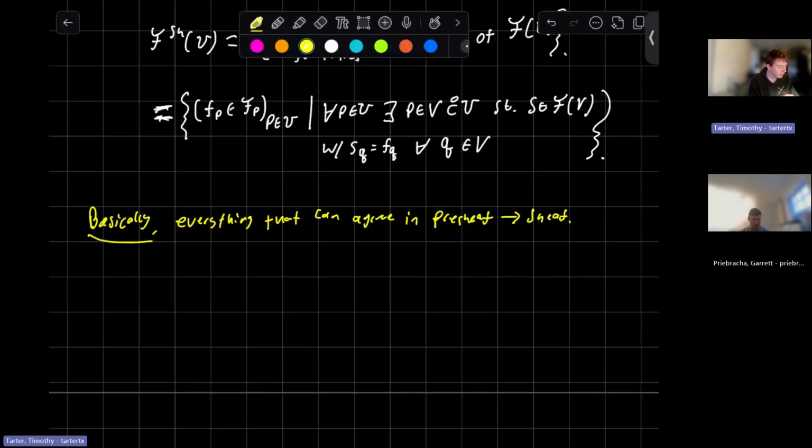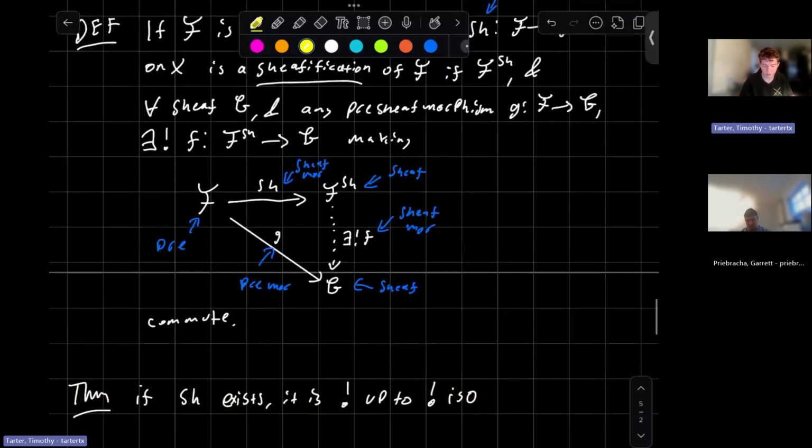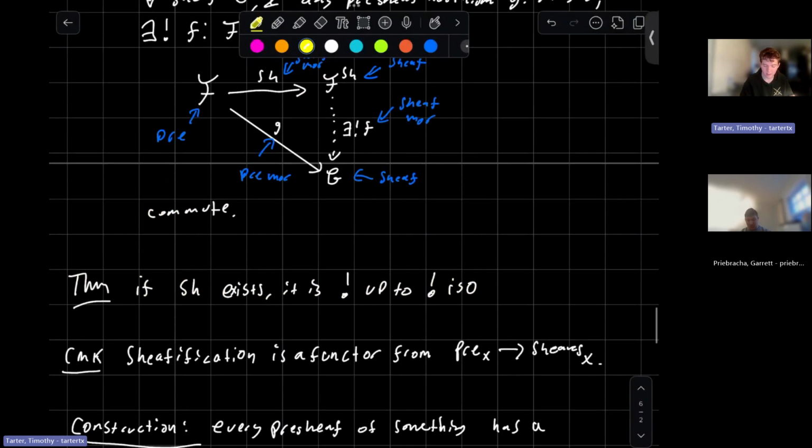Show that the map SH satisfies 2.4.5. This satisfies the universal property of sheafification. So this is the universal property of sheafification, right?